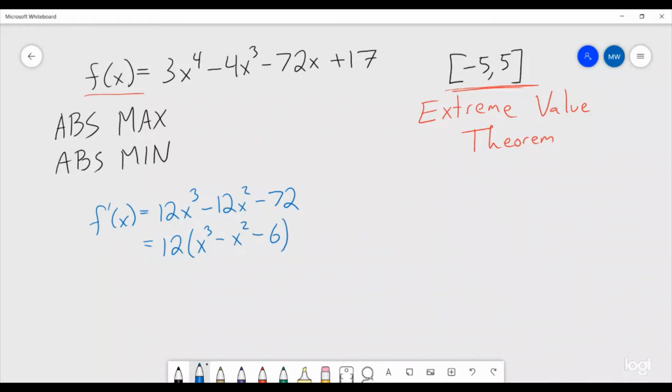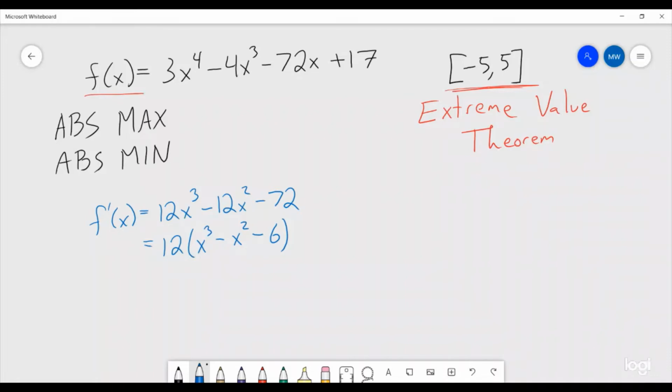Now we have to find the zeros of x cubed minus x squared minus 6. If we try and guess some of them, 1 is not going to work because 1 minus 1 minus 6 is negative 6. 2, let's see, 8 minus 4 minus 6, that didn't work. I'm wondering if this one even has any nice solutions.